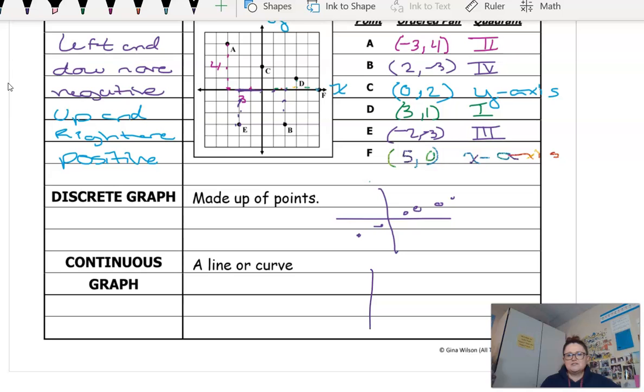A continuous graph would be a line. So you could have the same numbers in both, but in a discrete graph you don't connect the dots, and in a continuous graph you do. And watch the next video to see how we're going to graph functions.